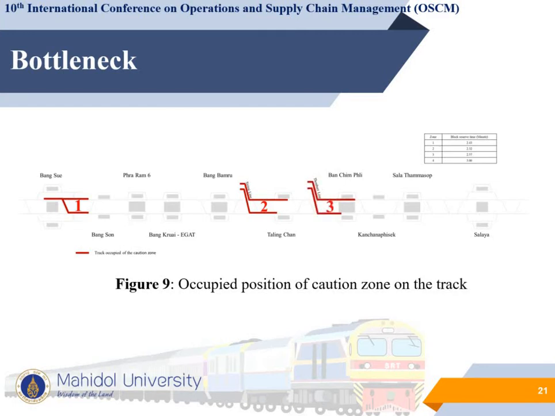Zone 3: the interchange to Thonburi. The position of long distance trains occupies the track since it is a joint point with another long distance railway. Zone 4: Saraya station has a turn back to the turnout after the station and uses the same timetable as long distance trains and freight trains, so the track is occupied at this point.